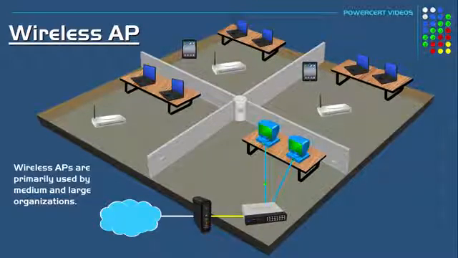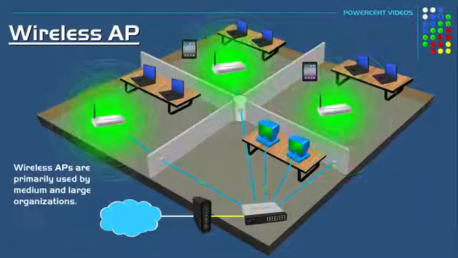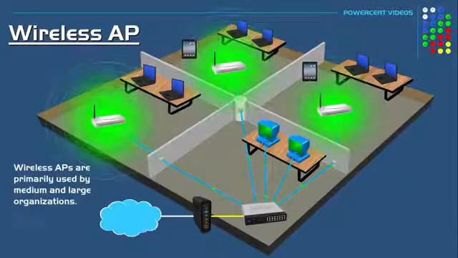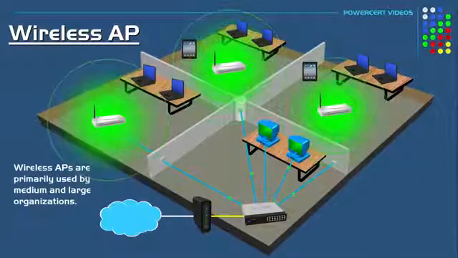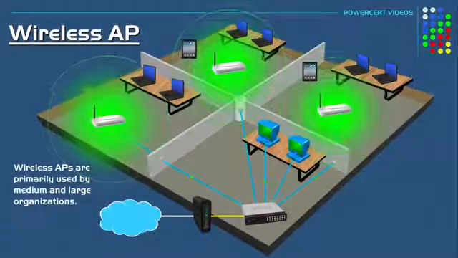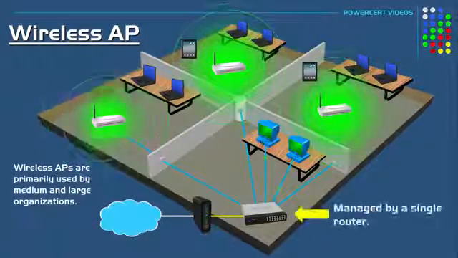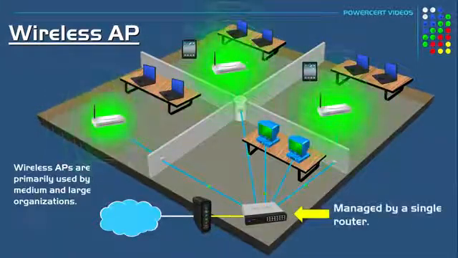So the access points are going to be placed in strategic places, and each of them will connect to the router using an Ethernet cable. Then once that is done, they will all broadcast a Wi-Fi signal so that the laptops and tablets can connect wirelessly and join this network. So now all the desktop computers and wireless devices are joined together in one network. And that one network is managed by one single router.